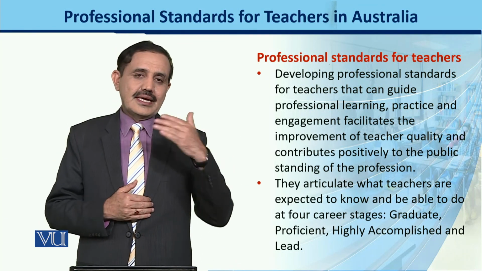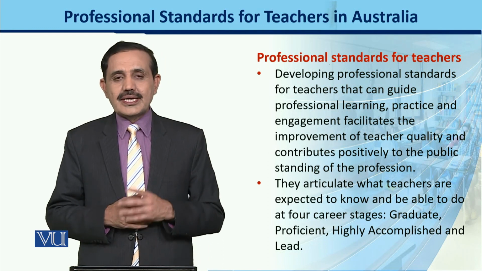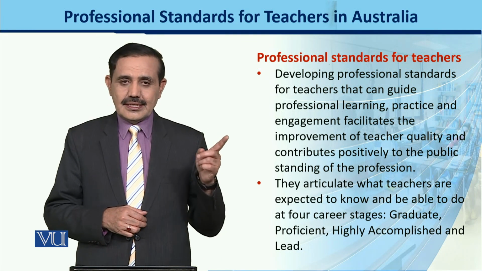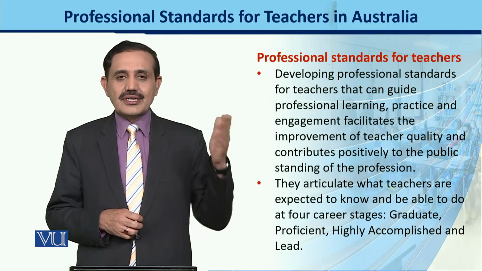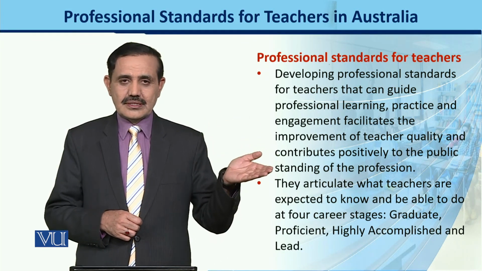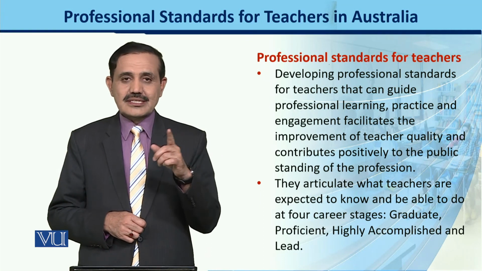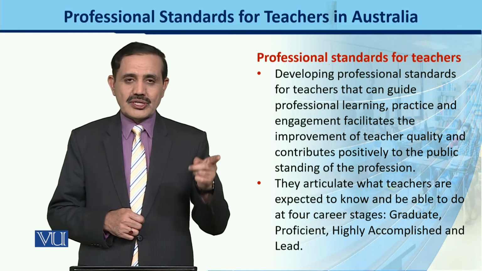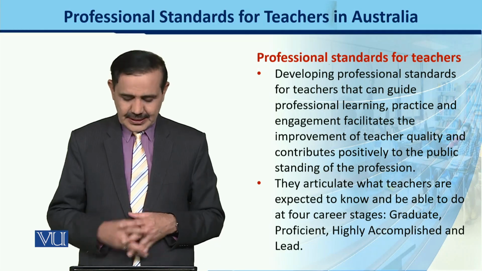So the career stages of the teachers in Australia are based on the skills and the competencies, not like in Pakistan. They are based on the grades and the seniority and the promotions. Those teachers are not assessed on the basis of the seniority. Those teachers are promoted, are assessed, or are evaluated on the basis of their competencies and the skills.